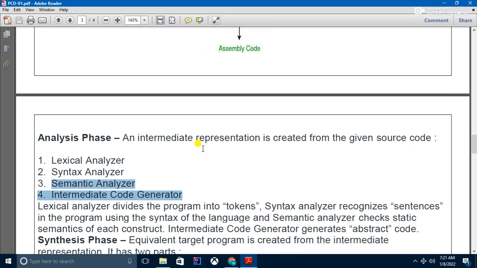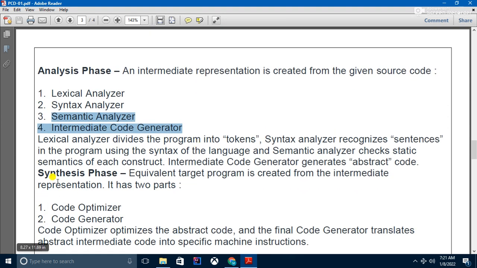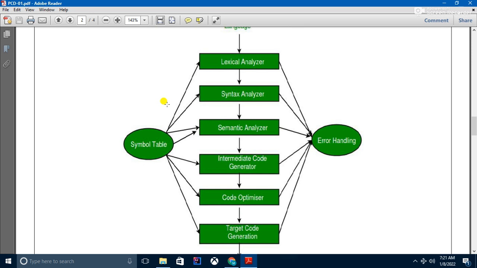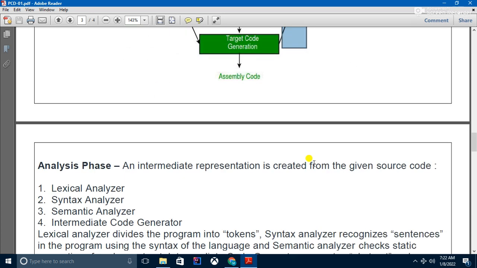And the remaining two phases are called the synthesis phase, in which we have the code optimizer and code generator. So the total of 6 phases are divided into 4 and 2. The first 4 are called analysis, and the remaining 2 are called the synthesis phase.